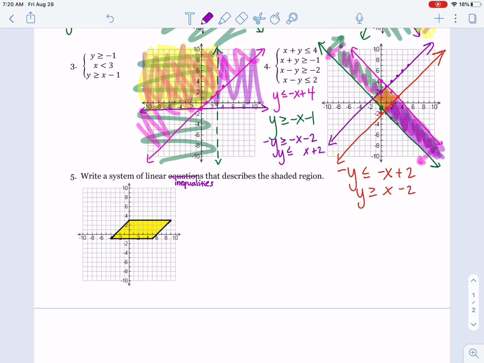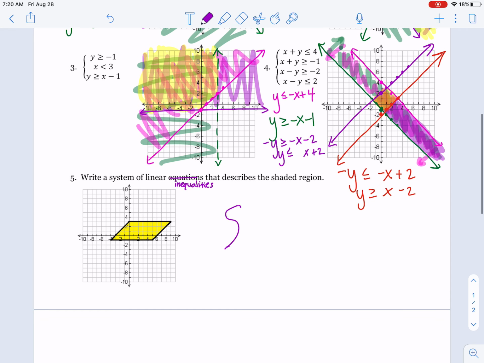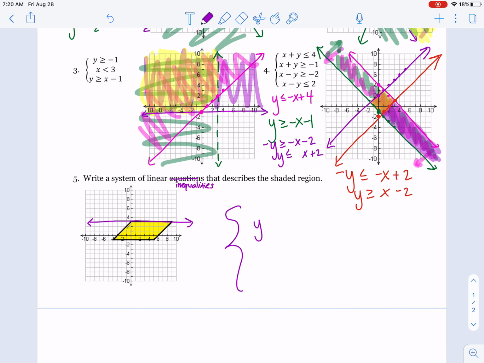So I know that I have 4 lines. So I'm just going to pick the top one to start. I've shaded below that purple line, so I know I'm going to start with y is less than, and then it's or equal to because it's a solid line. And then I need to find the equation of that line. That is just a horizontal line at 3.